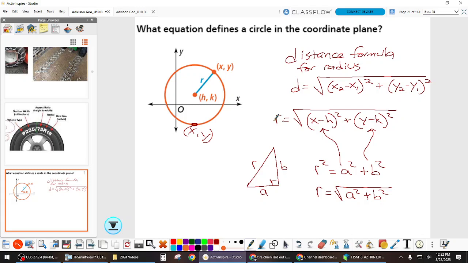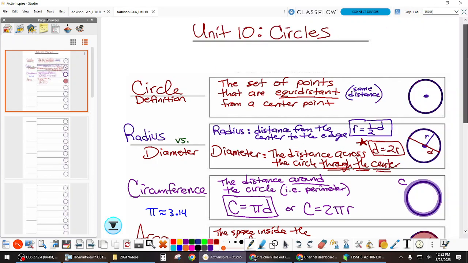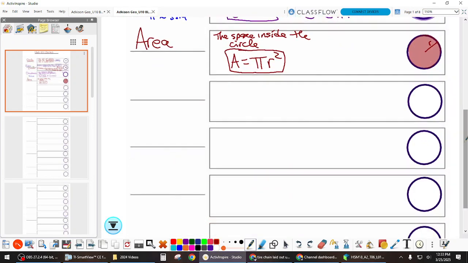We are close to the equation of a circle, but we're not quite there. So let's review this real quick in your notes. Grab that, and we'll say, so to find the radius from points, here's that.